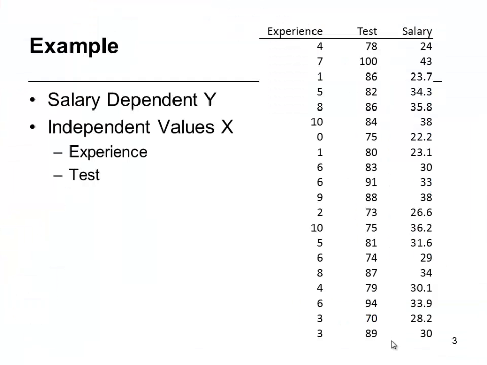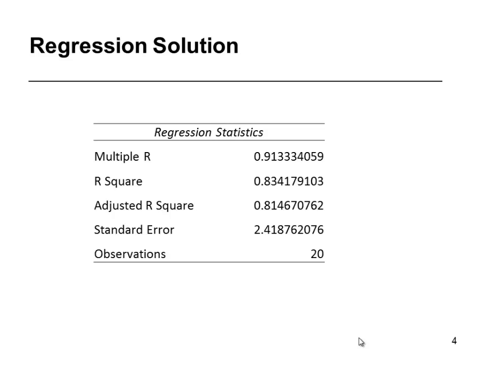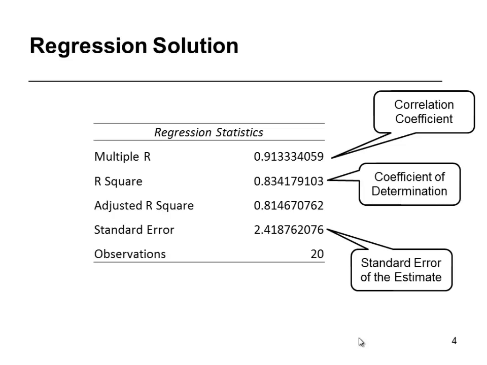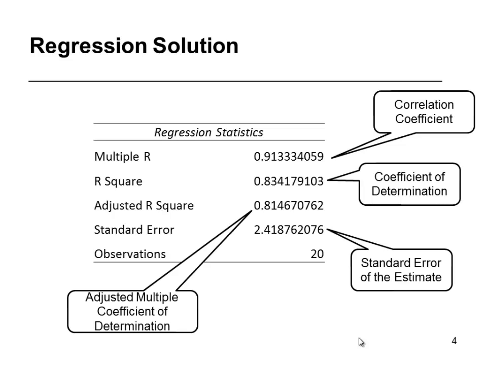So we've got the regression solution here. We have the coefficient of determination, the correlation coefficient, the standard error of the estimate, and something new right now, the adjusted multiple coefficient of determination. What is this? I'm not going to go into technical detail, but when you have multiple independent variables in your regression, you need to adjust the coefficient of determination.